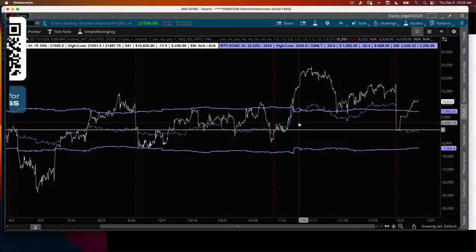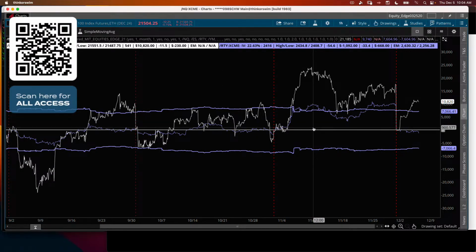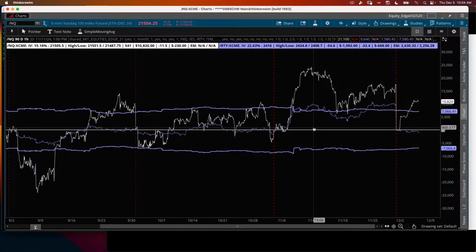Now, in order to look at these in what is called dollar cost neutral, we look at 2 Russell to 1 NASDAQ. Now, why am I talking about futures? I'm talking about futures because these are just a derivative of the QQQ index, the NASDAQ index.